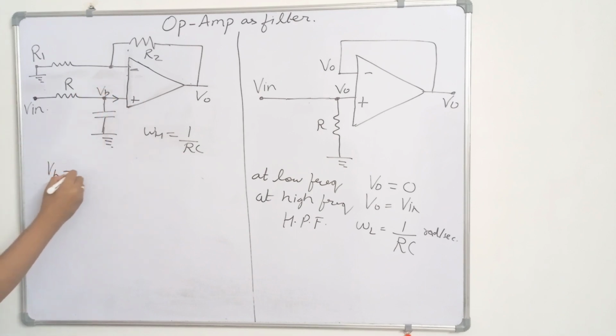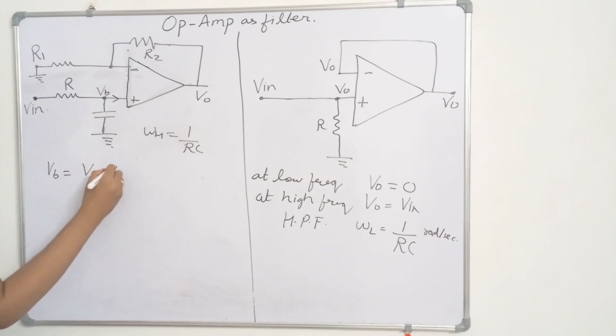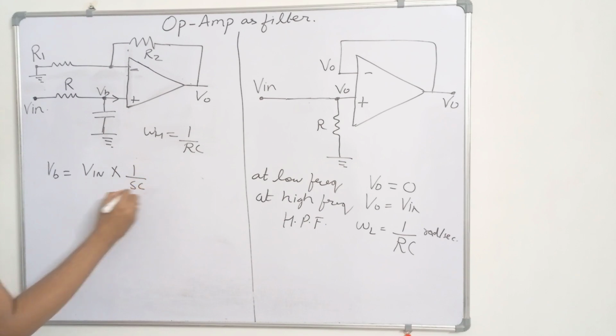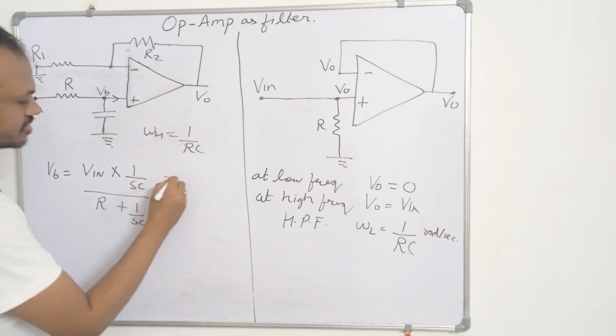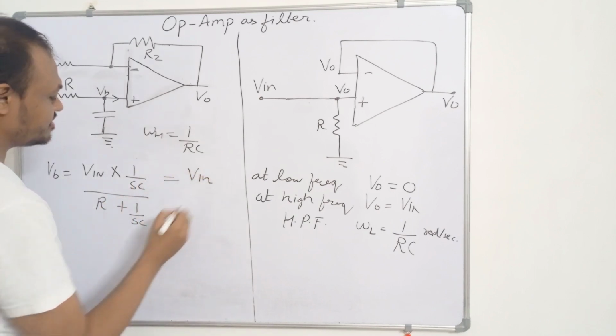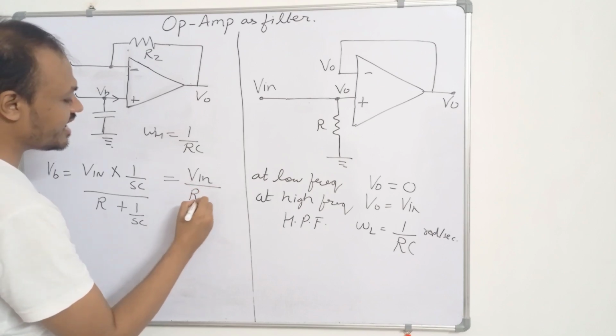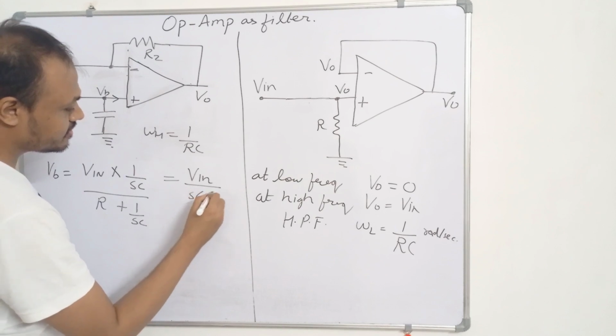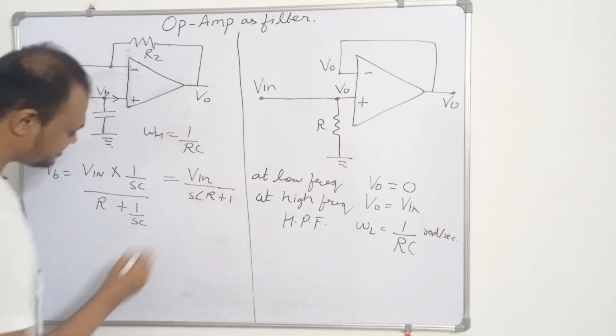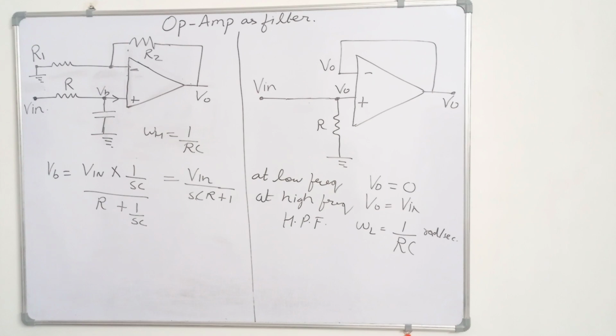So VB equals V in into (1 upon SC) upon (R plus 1 upon SC). This will be equal to V in upon (SCR plus 1). This is VB in terms of the Laplace domain.